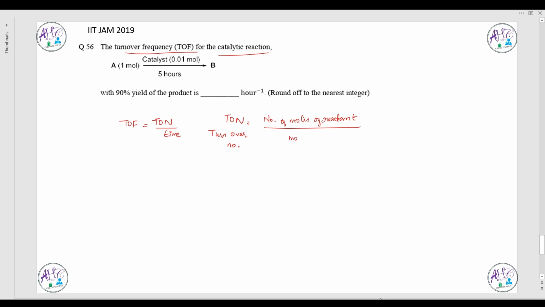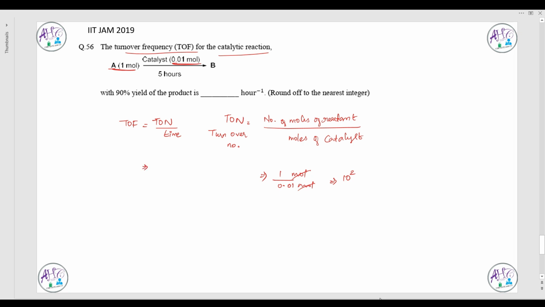Okay, so in the question என்ன கொடுத்திருக்காங்க, in the question we have 1 mole of reactant by catalyst வந்து எவ்வளவு சொல்லியிருக்காங்க, 0.01 mole சொல்லியிருக்காங்க. So 0.01 mole. So mole and mole will be cancelled. Okay, so this is going to be 10 power 2. So turnover number will be 10 power 2.